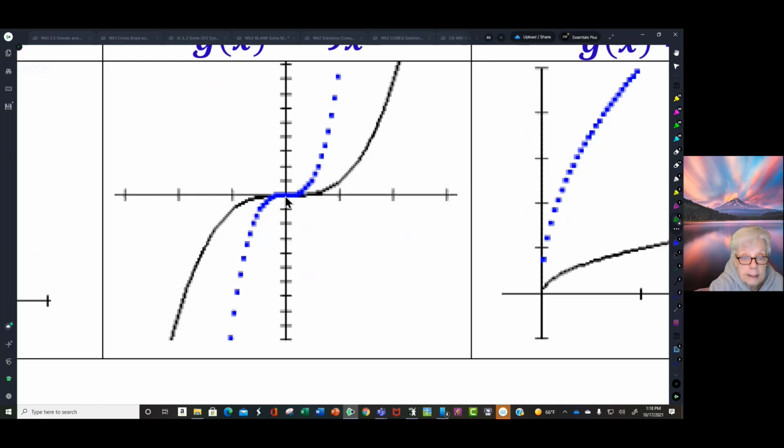And some of those points are 0, 0, and 1, 1, and negative 1, negative 1.